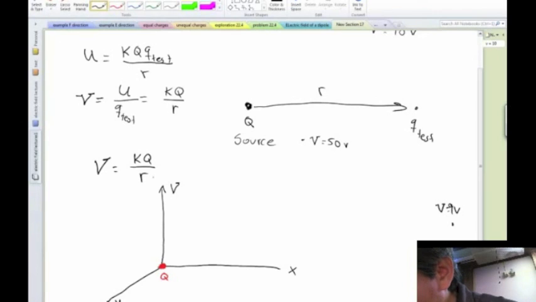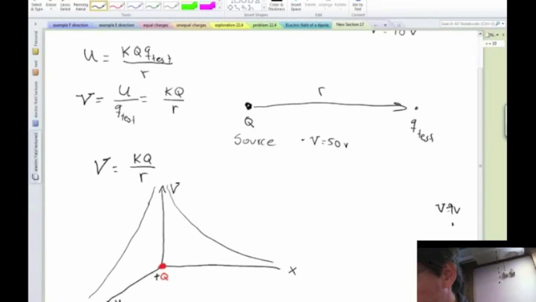The function 1 over r goes to infinity when the distance goes to 0, right? So for the points in the xy plane that are close to the charge Q, if let's say that Q is positive, then that electric potential shoots to infinity, right? So the plot that you would have would look like a hill, a mountain that goes to infinity near the origin, right?